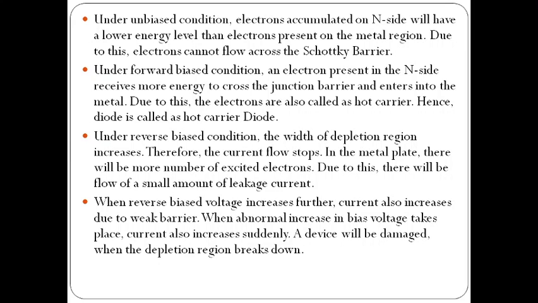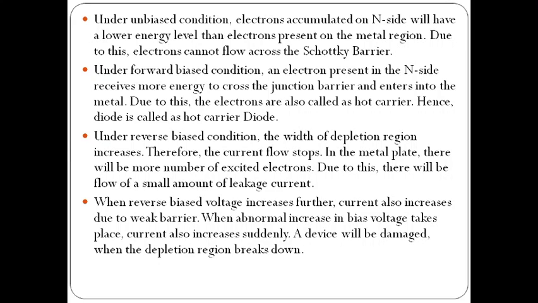In the metal plate, there will be more excited electrons. Why? Because we connected the negative terminal of the battery to the metal, so more electrons are excited in the metal. Due to this, there will be a flow of a small amount of leakage current.